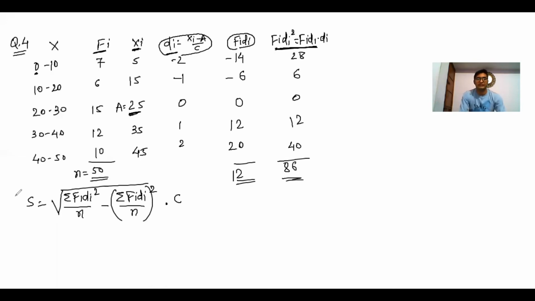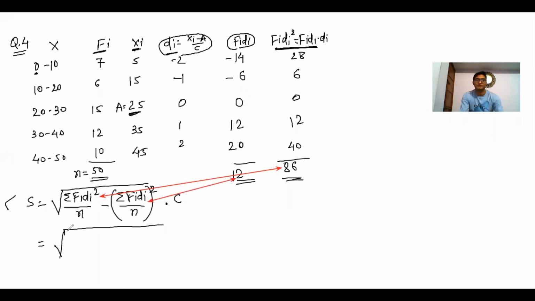The formula for standard deviation is this. The most important thing: fi di square means this one, and fi di means this one. Understood?